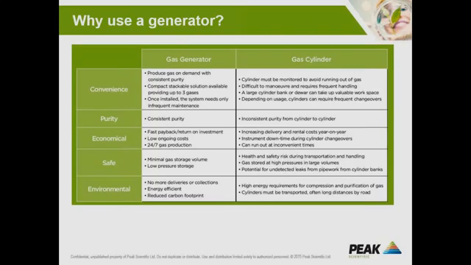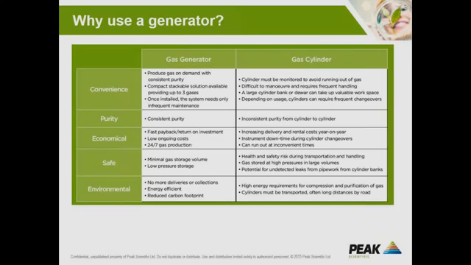In terms of safety, gas generators have a very low stored volume at relatively low pressure, and if you compare this to gas cylinders, which typically have around 8,000 to 9,000 litres of compressed gas at 200 bar pressure when they're full, then there's a potential health and safety issue with storing them in the lab.